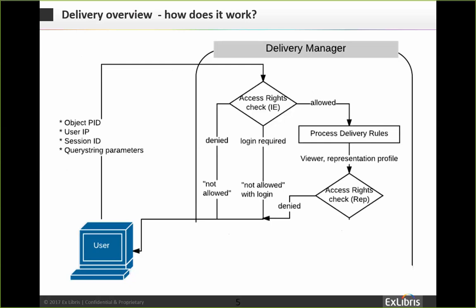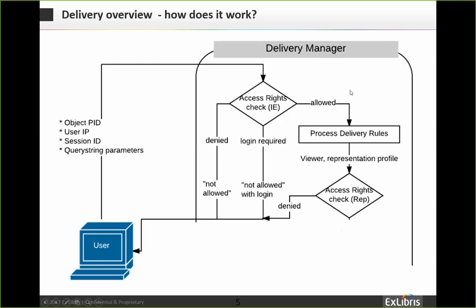And then we do another access right check on the rep. Today we have access rights also on a rep level, not only on IE level, and that check and filter will be done at this part after we know which representations can be delivered. We'll do another check on their access rights. In case there are no representations that can be delivered, then it will be denied and the user will get a not allowed page. This is the first part.